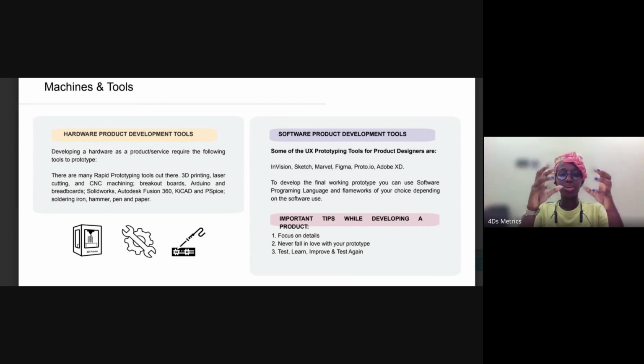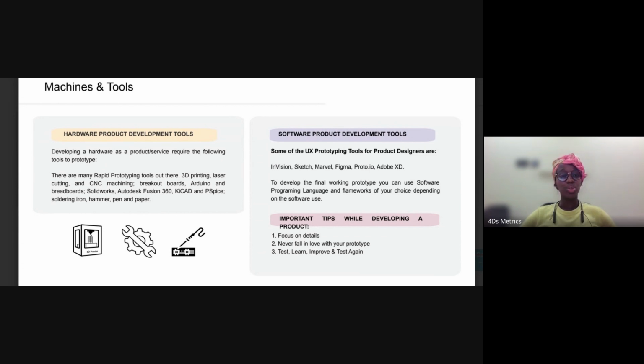You're printing it in 3D for them to touch, appreciate the design, the weight, the size, and the colors in general. For software, we've mentioned different programs like InVision, Sketch, and Adobe XD, where you can design, let's say, a prototype for an application you're going to be developing.